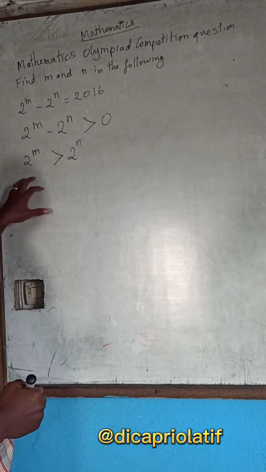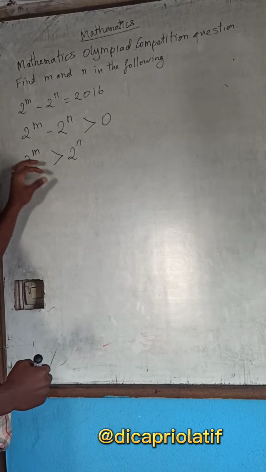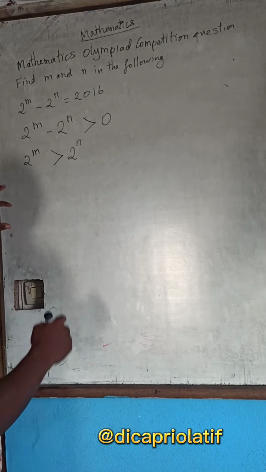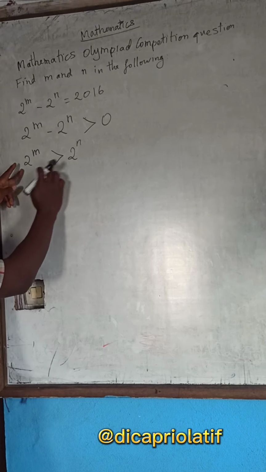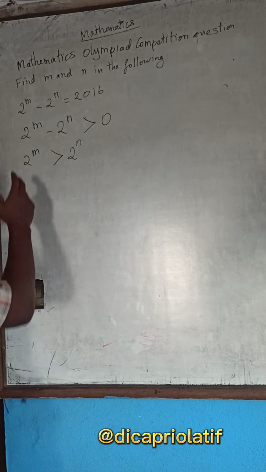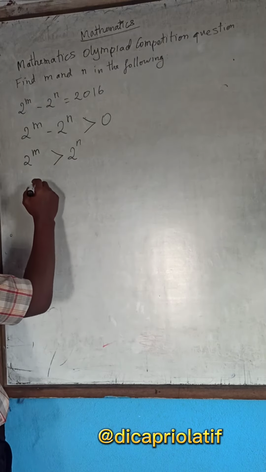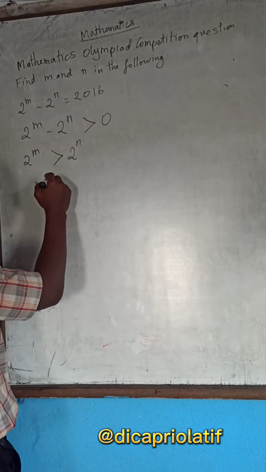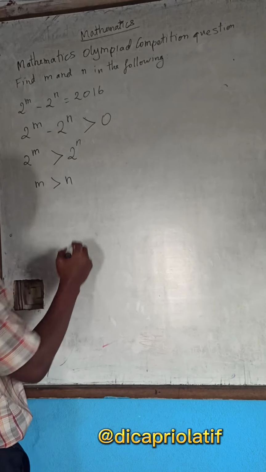So in mathematics, when two numbers are like this and we don't know the m and the n, and they have the same base and the index differ, you can conclude that m is greater than n.